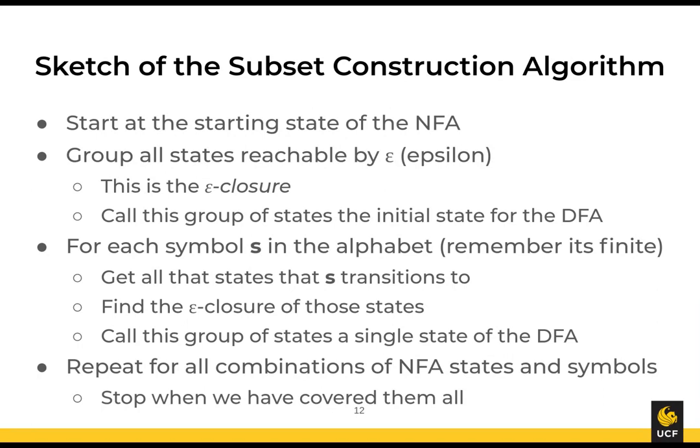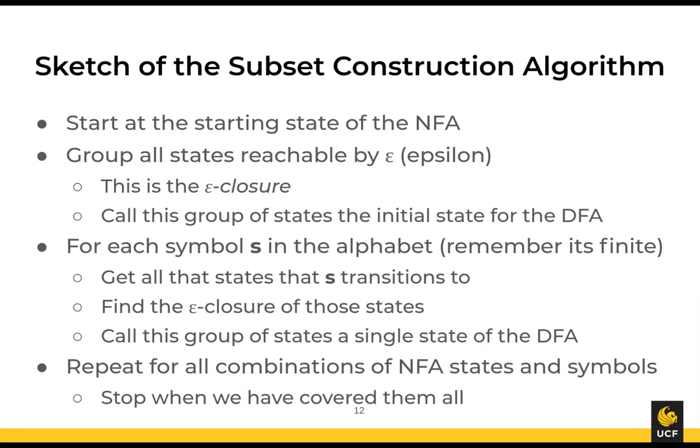Okay, so once we have that initial state, we go through each symbol in the alphabet, all of them. Starting in that initial epsilon closure of states, we find every possible state that we can transition to from that symbol. Remember, in NFAs, we can have multiple transitions for the same symbol.